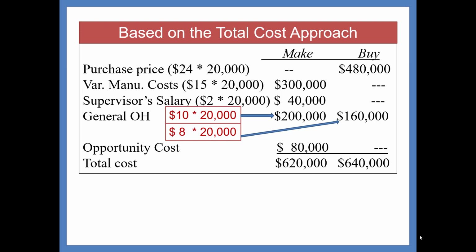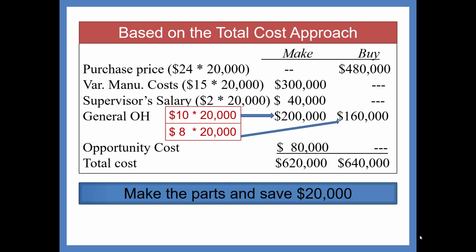The total cost to make the part is $620,000. The total cost to buy the part is $640,000. Now these are the costs that you would use to evaluate the decision. They are not necessarily how things would be recorded on the books. But the bottom line is you can make the parts and save $20,000.